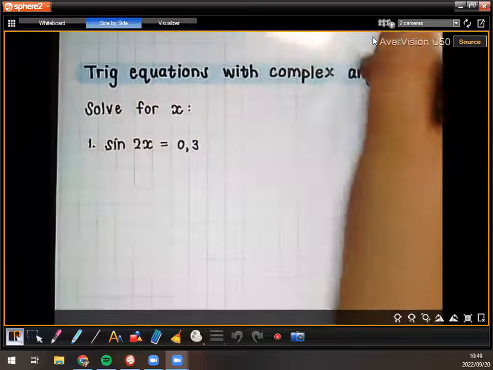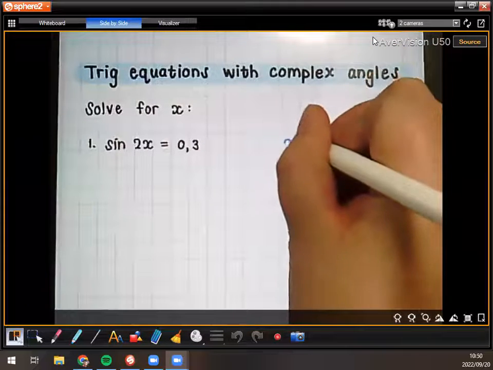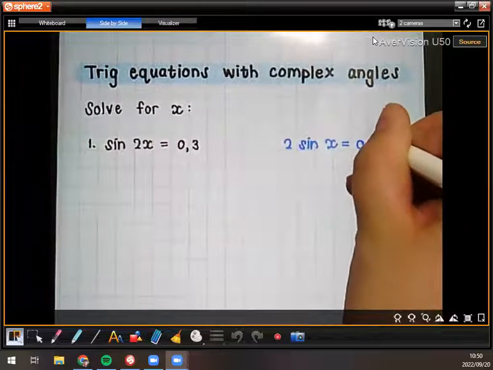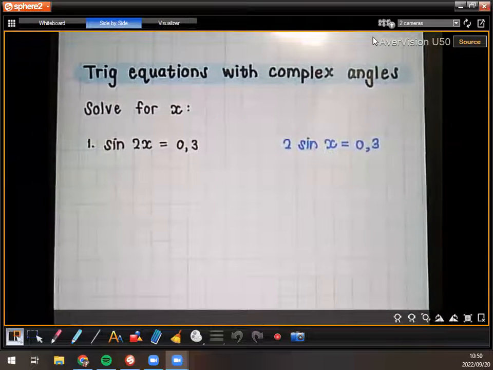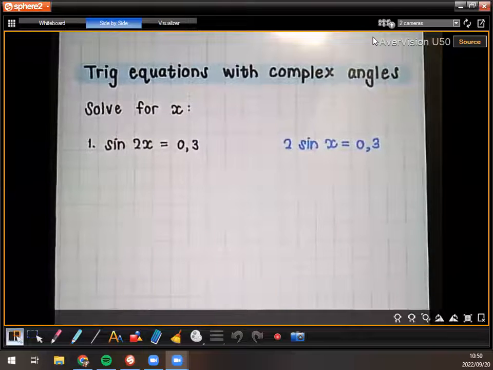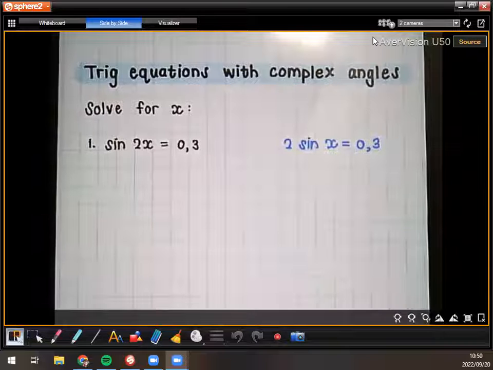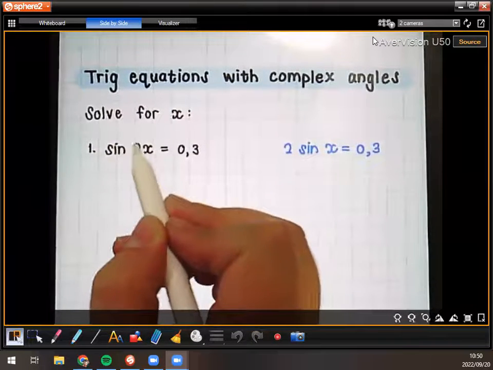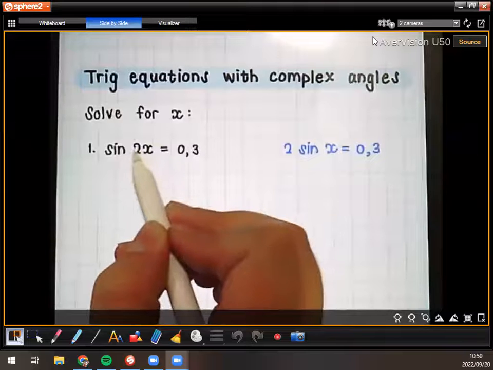Now guys, I just want to make sure that we all understand the difference between these two equations. Sin 2x is not the same as 2 sin x. Do we remember with trig graphs, I know we did it a long time ago, but if you have sin 2x, what does this 2 change in the graph?